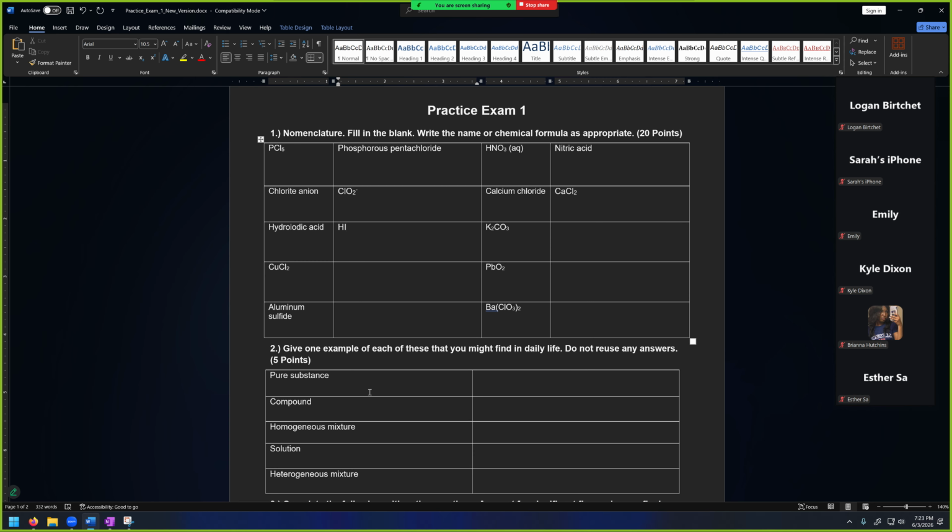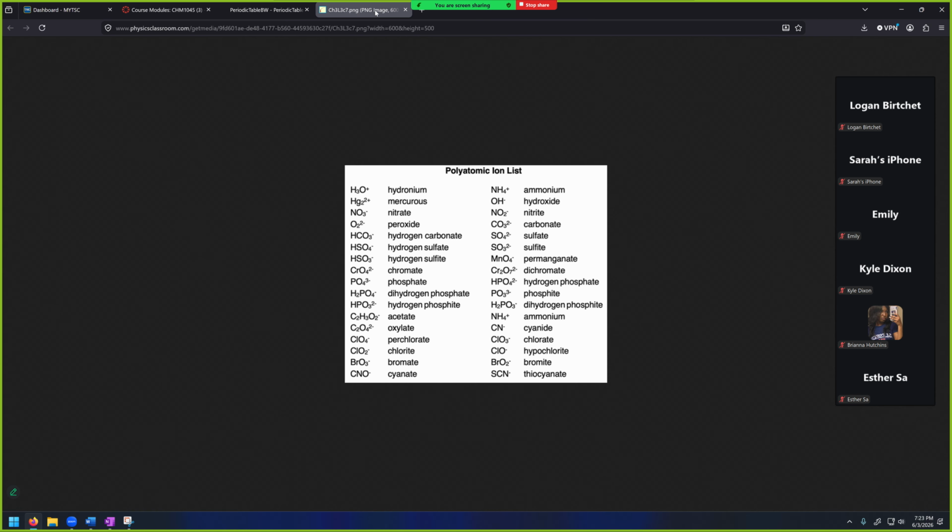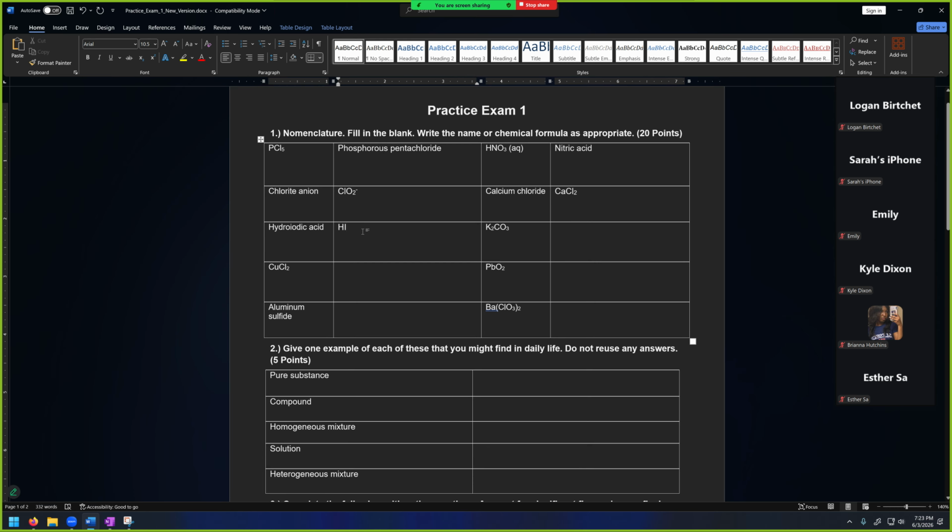Now, you might be tempted to find a polyatomic ion that matches this. In fact, there are polyatomic ions with iodine in them if you look at your table here. Or actually, I guess this one doesn't include them. That's fine. Because we're not actually supposed to make this a polyatomic ion. The way we know this is supposed to be a binary acid is because of the word hydro in front here.